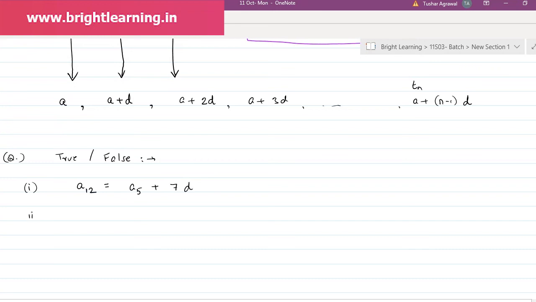True or false? Second, A20 is equal to A12 plus 8D. Or, A16 is equal to A25 plus 9D. A32 is equal to A4 plus 8D.